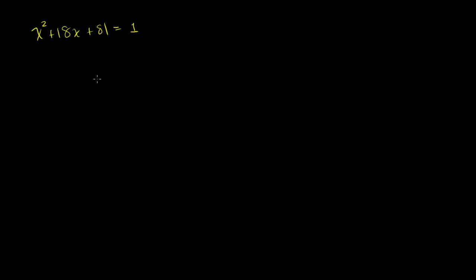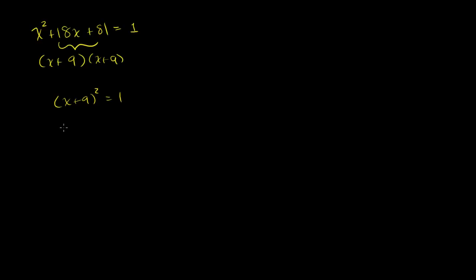So once again, we can do it in 2 ways. We could subtract 1 from both sides, or we could recognize that this is x plus 9 times x plus 9. 9 times 9 is 81. 9 plus 9 is 18. So we can write our equation as x plus 9 squared is equal to 1.